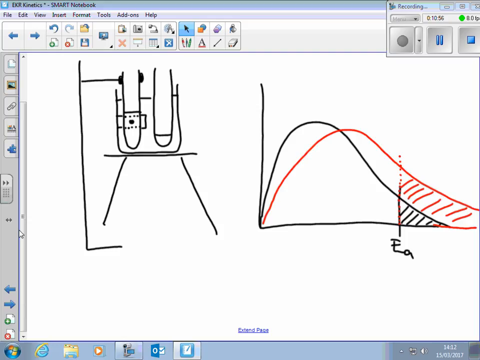Now, the bit that follows on about catalysts and the rest of the handout, you can put that aside for now. Where this gets complicated is when we try and express this using the Arrhenius equation. But I think what I'm going to do is get you doing the practical work on temperature first, because we've got the kit here and ready.